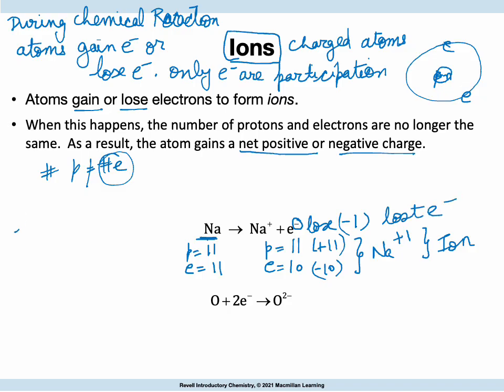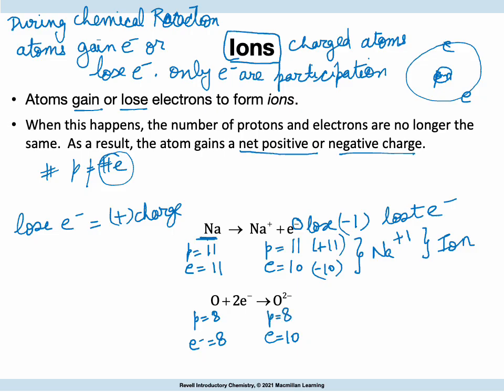So remember, whenever an atom loses an electron, it gets a positive charge because the electron is gone, the negative charge is gone. Another example is oxygen. How many protons does oxygen have? 8. How many electrons does oxygen have? Also 8. Now oxygen gained 2 electrons, which means how many electrons does it have now? 10. How many protons?